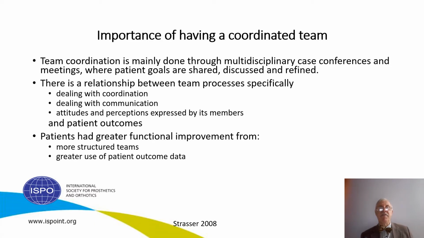There is a relationship between team processes, specifically in how the team deals with communication, with coordination, and their attitudes and perceptions, which are expressed by the members of the team, and patient outcomes. Patients had greater functional improvements if the team was more structured and there was a greater use of patient outcome data.